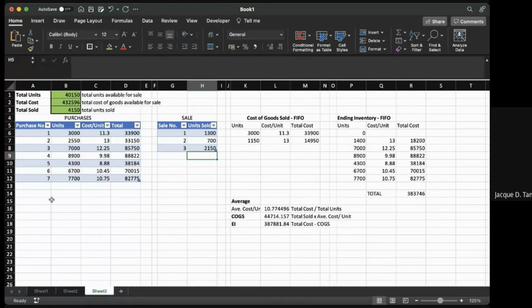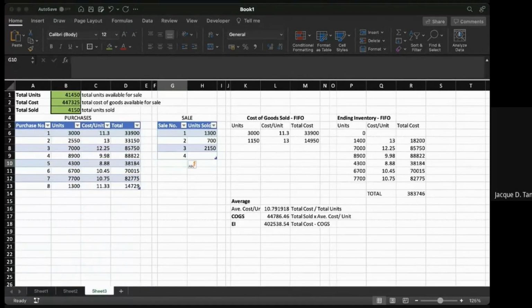You can also add purchases as purchases are coming in. So if you have another purchase, you can add here again. So, let's say 1,300 at 11.33, you can just add. Even on the sale, you can just add anytime you want. And the data will automatically update. And that is how you automate your inventory.